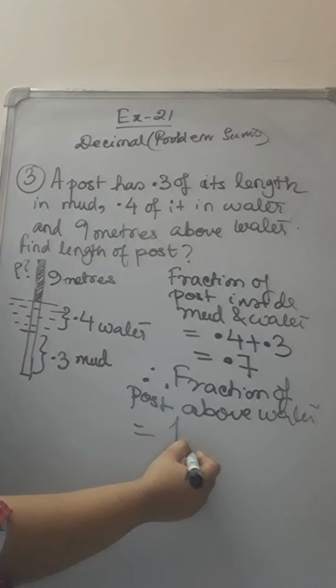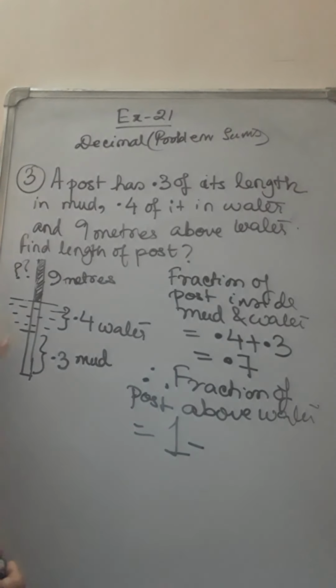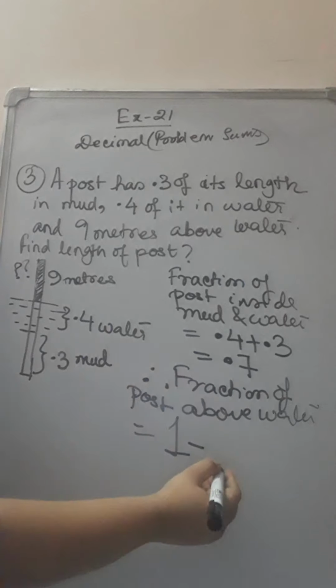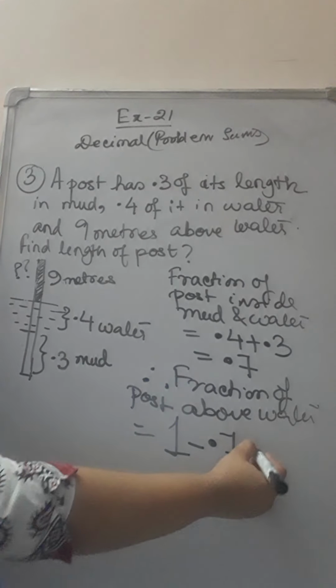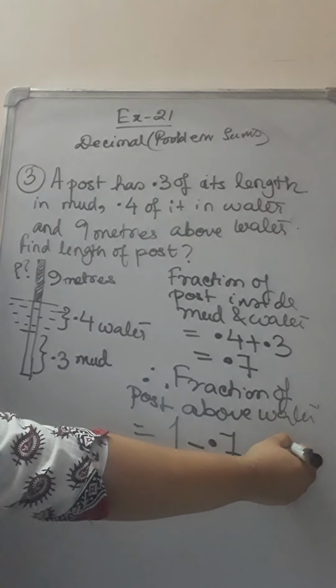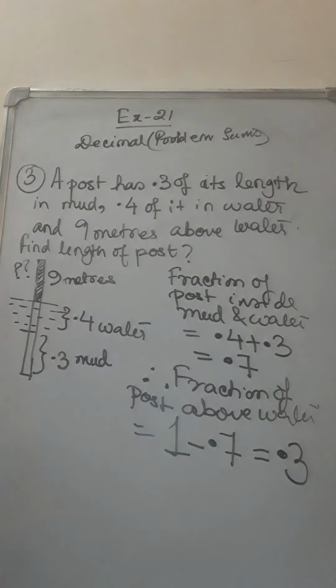So the total is 1 minus, what is the fraction which is immersed in water as well as in mud? 0.7. So if I subtract 1 minus 0.7, you can do it on your own. This is 0.3. So 0.3 is the fraction of the stick that lies above water.